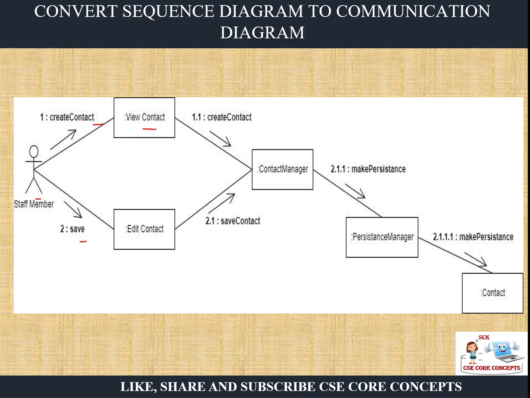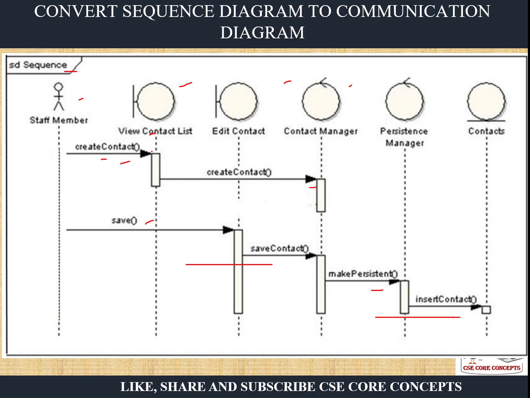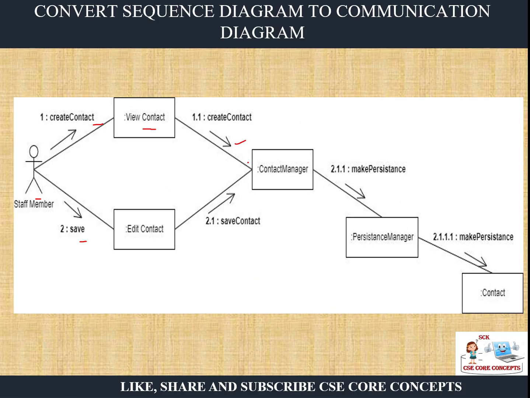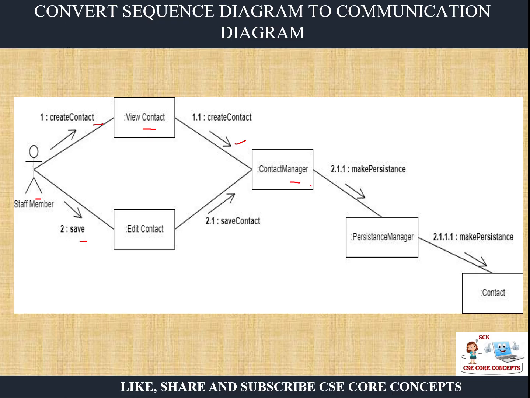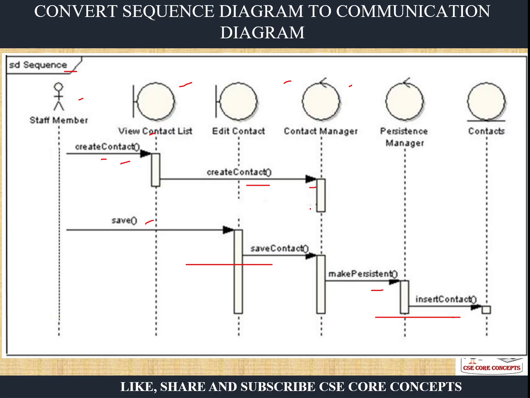Now if he is viewing a contact, he will have to create a contact, right? So he has to create a contact. Understood this one? Now with whom? The contact manager. So what is the object? Class contact manager. And then he has to go to make persistent, and then insert.